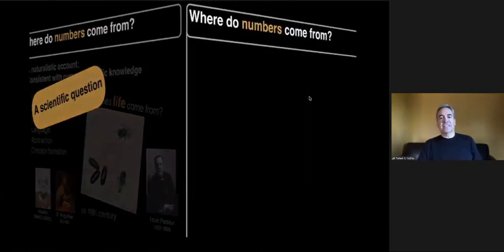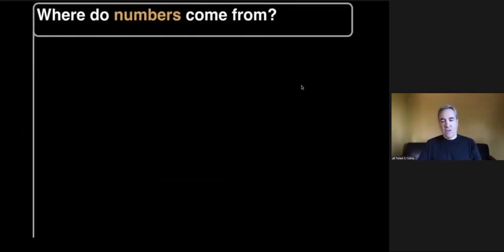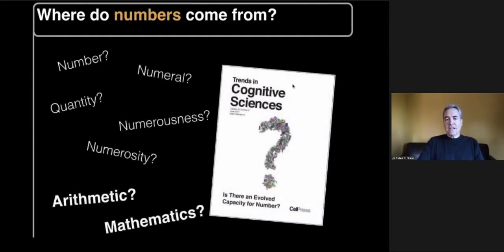So the idea is now to address the question of where numbers come from with a scientific approach, using those methods and practices and updating our ways of questioning. Part of that is, for example, a recent mini debate in Trends in Cognitive Sciences asking precisely those kinds of questions.